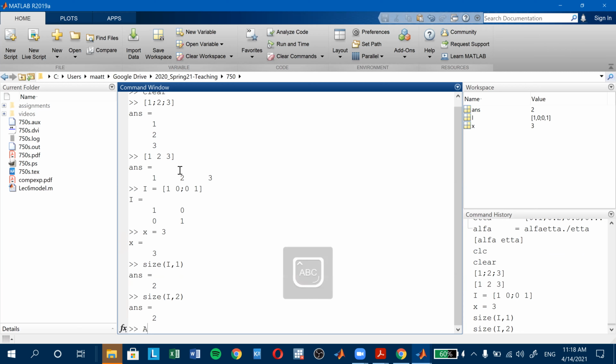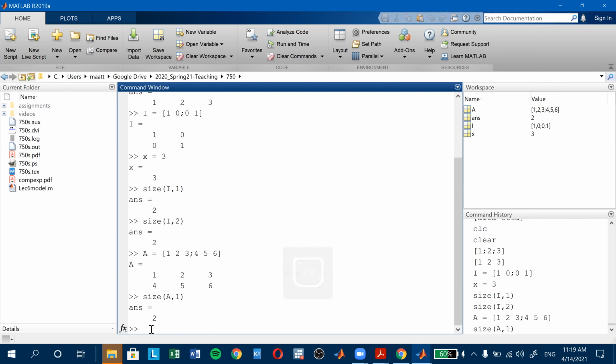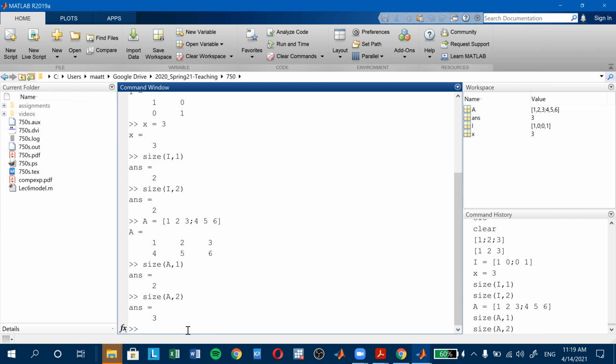If I define a matrix with different numbers of columns and rows, say 1, 2, 3 and 4, 5, 6, this is a matrix with 2 rows and 3 columns. So size(A,1) is the number of rows, and size(A,2), the second dimension, is the number of columns.